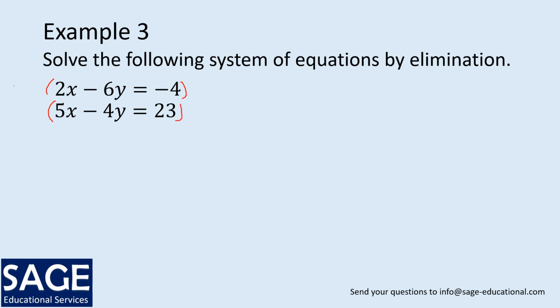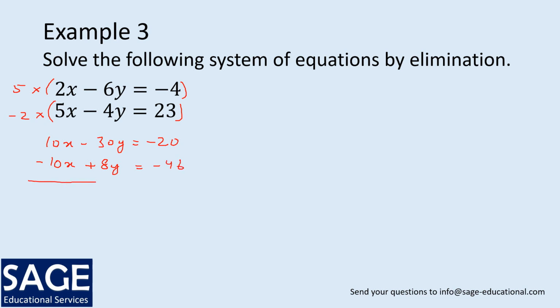So I'm going to multiply every term in the first equation by 5. I'm going to multiply every term in the second equation by negative 2, and when I do that, I get 10x minus 30y is equal to negative 20. That's the first equation. And now the second equation becomes negative 10x plus 8y is equal to negative 46.